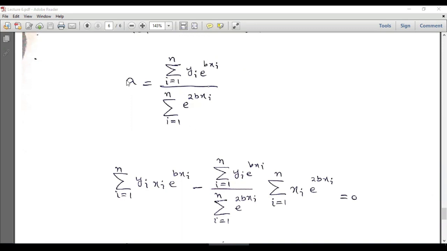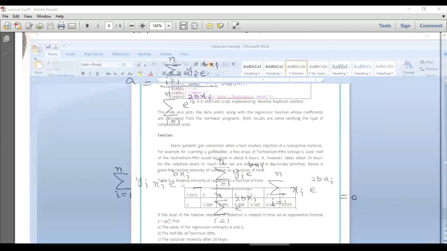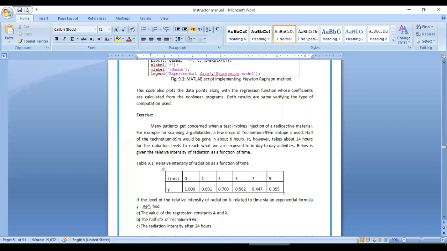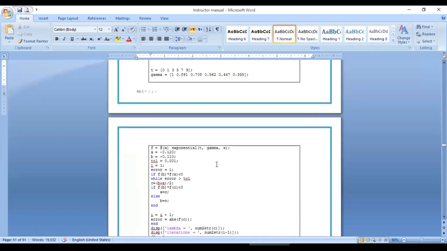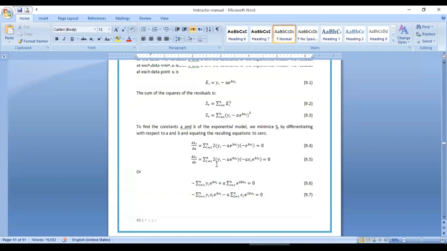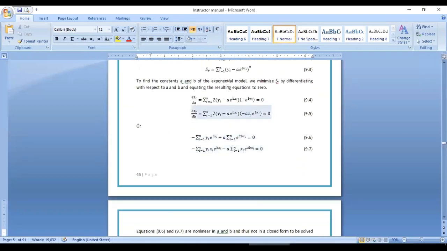So these values of a and b have to be calculated by using nonlinear algorithms, and those nonlinear algorithms we already have discussed previously, and now I will show you how to apply those nonlinear algorithms to calculate these coefficients.